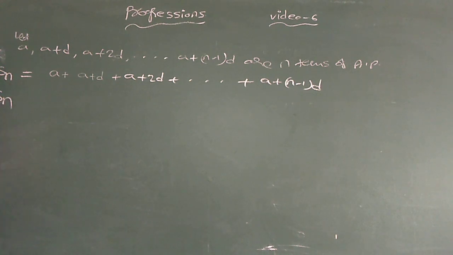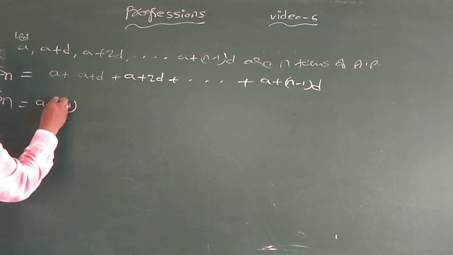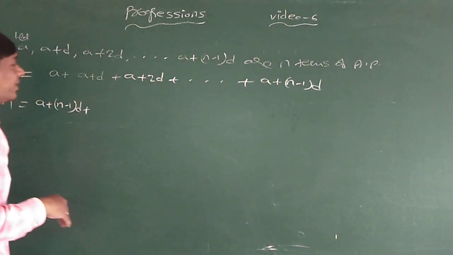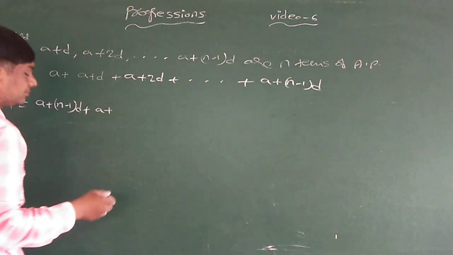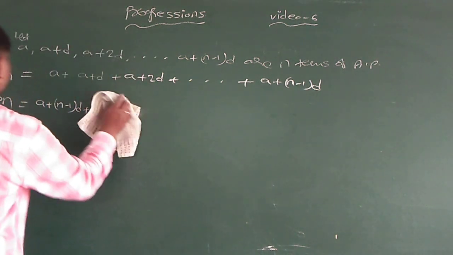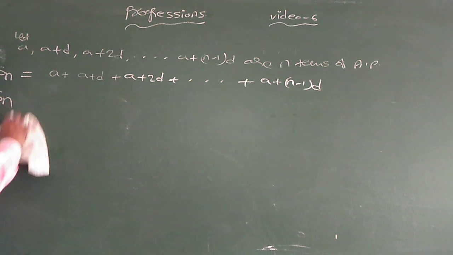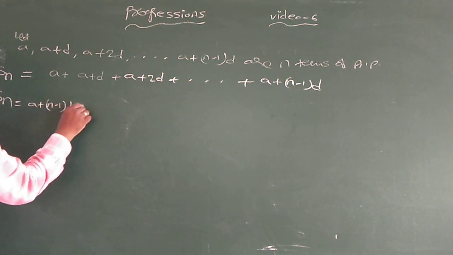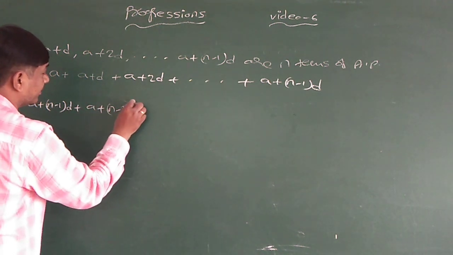Sn is equal to, the last term I am adding first: a plus n minus 1 into d, plus a plus n minus 2 into d.